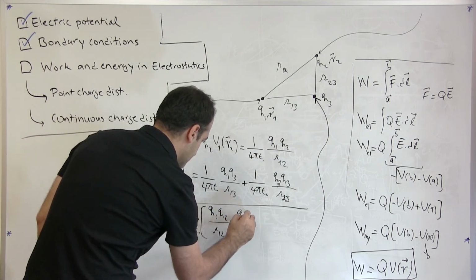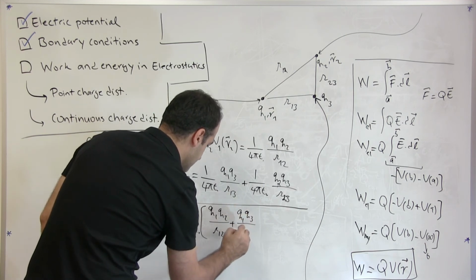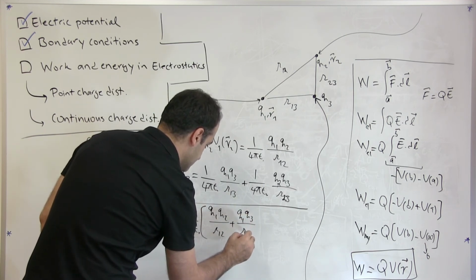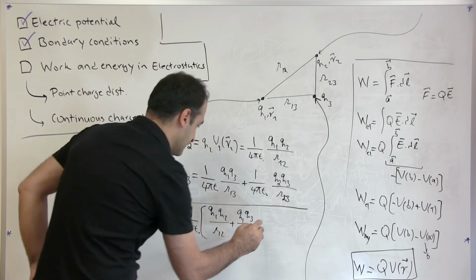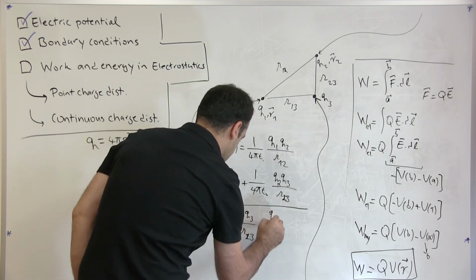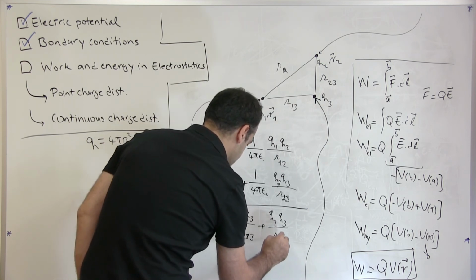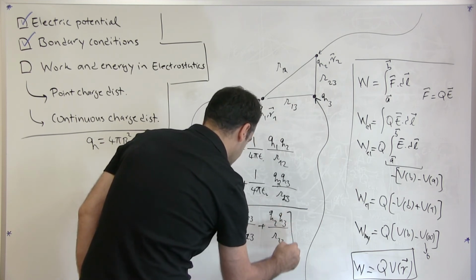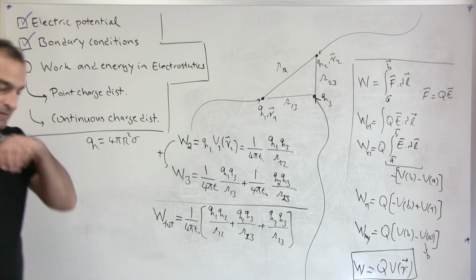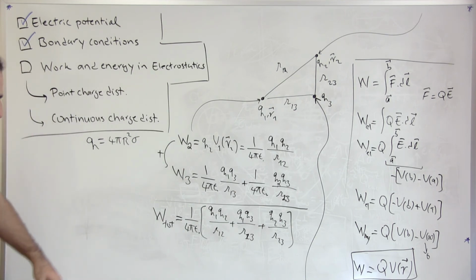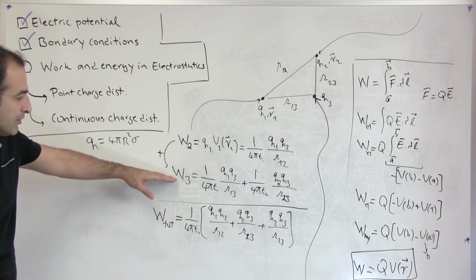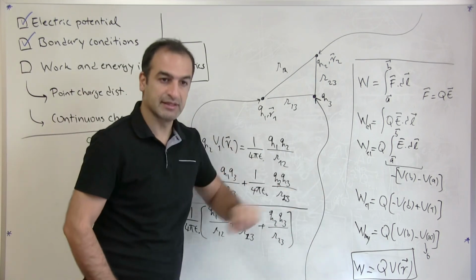I have Q1, Q3, R13, and then I have Q2, Q3, R23. Something like this. And then if I had more particles, I'd have more terms like this.